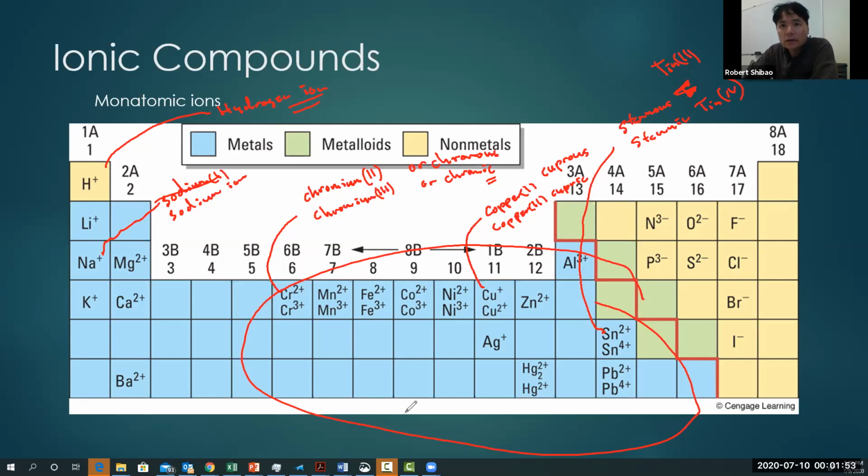Okay, so in the variable charged ocean here, there's a little island of fixed charged ions that do not require Roman numerals. And this little island we have to have memorized. And that is zinc, cadmium, and silver.